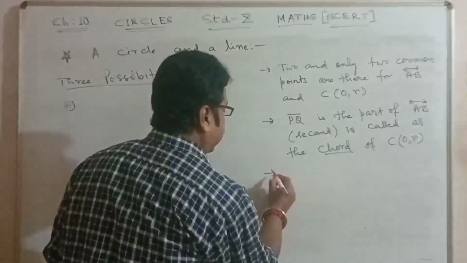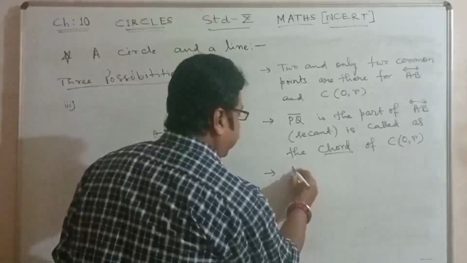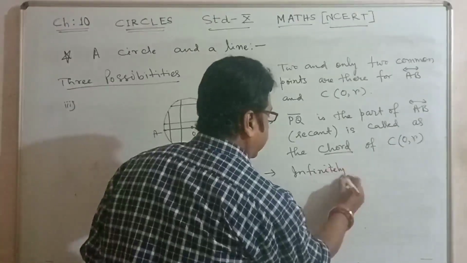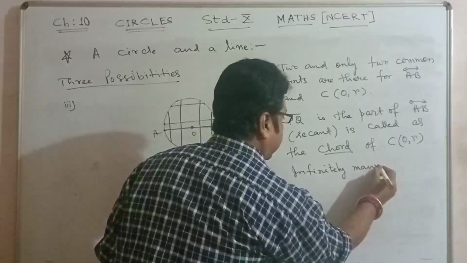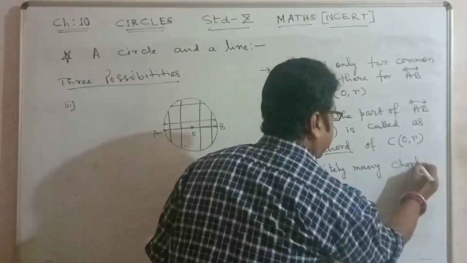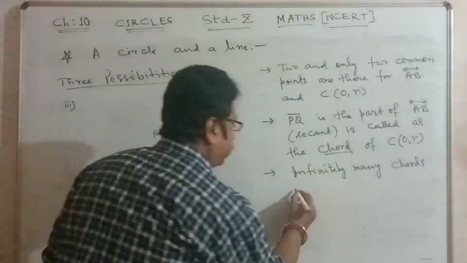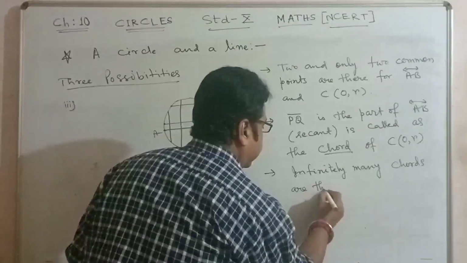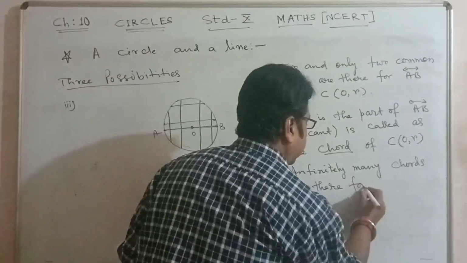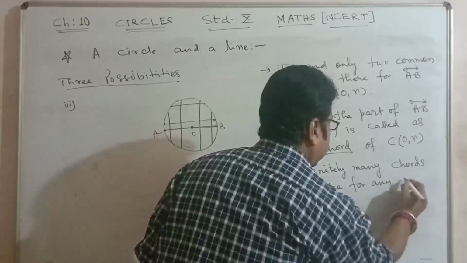So we can write infinitely many chords are there for any given circle.